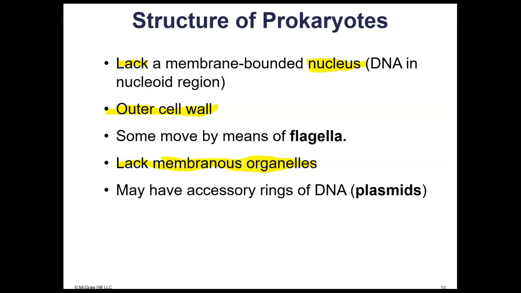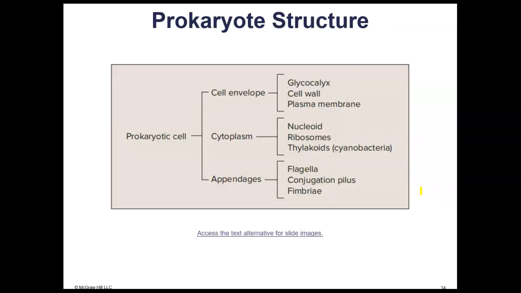They lack these. They may have plasmids, which are accessory rings of DNA that sometimes contain extra genes. Particularly in bacteria, the plasmids will often contain resistance genes, for example, for antibiotic resistance. The structure of all prokaryotes includes a cell envelope, which is made of a plasma membrane, a cell wall, and then a glycocalyx outside the cell wall.